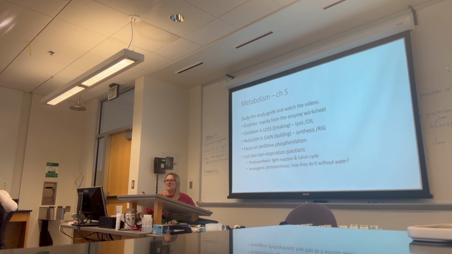I don't know if you've seen the acronym OIL RIG, but oxidation is loss, reduction is gain. Those are good mnemonics to remember what oxidation and reduction are. If you're losing hydrogen atoms, you're also breaking. So oxidation is a breaking type of reaction, a lysis reaction. So glycolysis is oxidation of glucose.